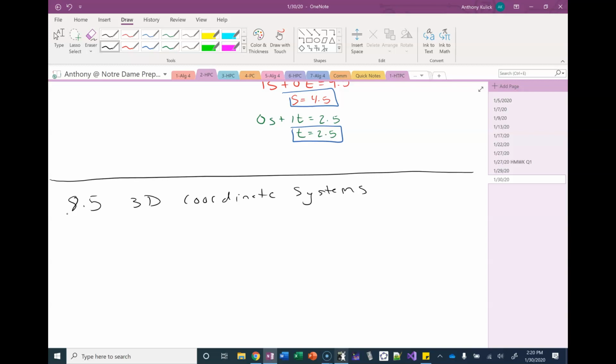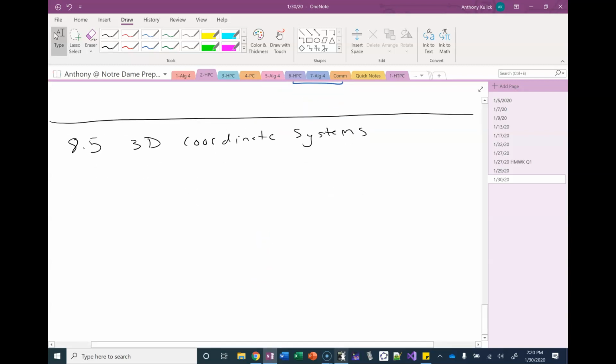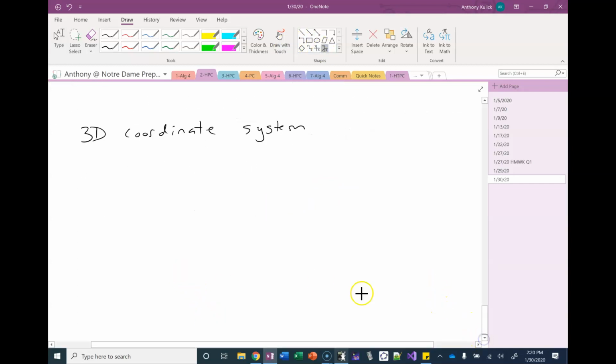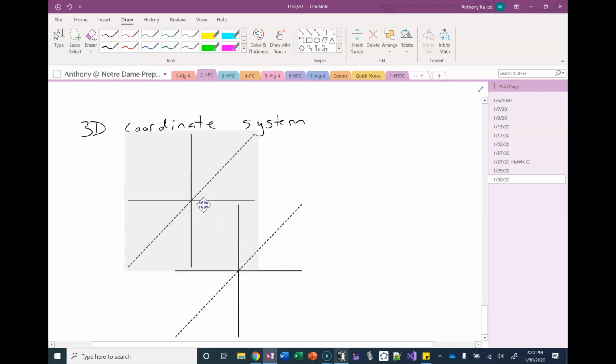So the first thing I want to talk about is the three-dimensional coordinate system. Which is a little bit tricky to draw on a sheet of paper. Why is drawing a three-dimensional coordinate system going to be tricky to draw on a sheet of paper? A sheet of paper is two-dimensional.